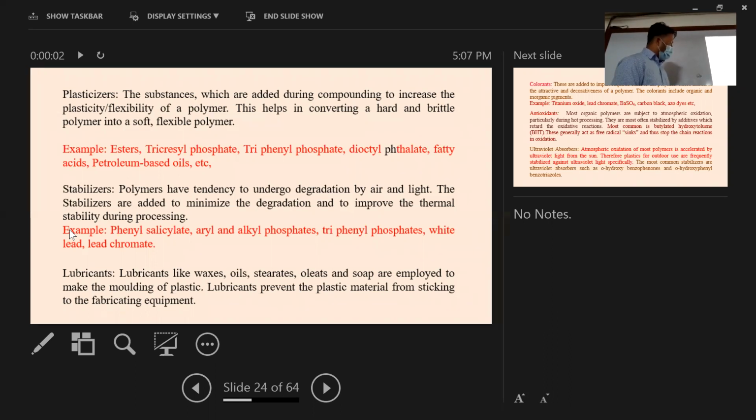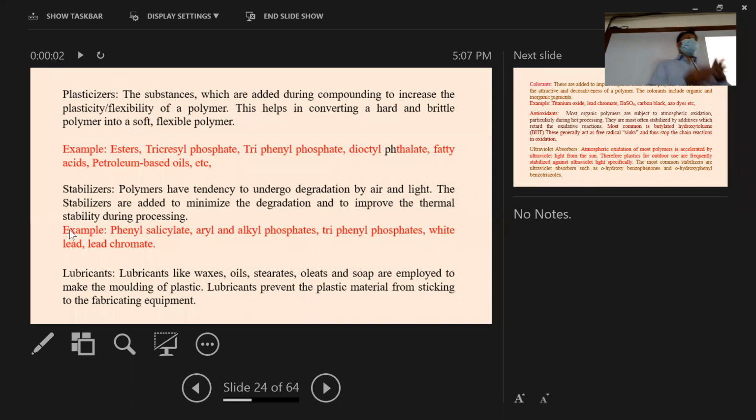Okay, then lubricants. Lubricants like waxes, oils, stearates, oleates, and soap are employed to make the molding of plastic easier. Lubricants prevent the plastic material from sticking to the fabricating equipment. When we prepare the plastic material or the polymeric material, we first melt the polymeric material to make different types of shapes.